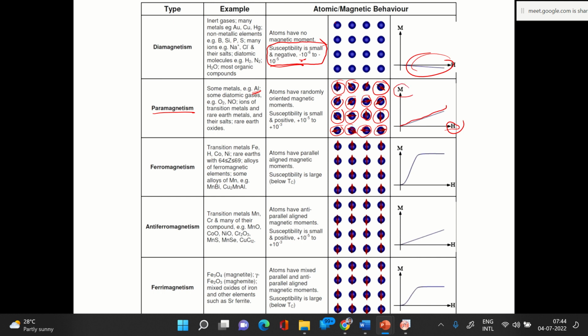So the net magnetization that you see is due to the alignment of the spins. The spins get aligned in a particular direction, giving you a high, increasing value of M that you see.